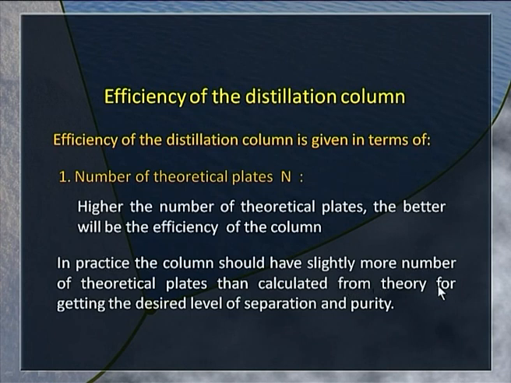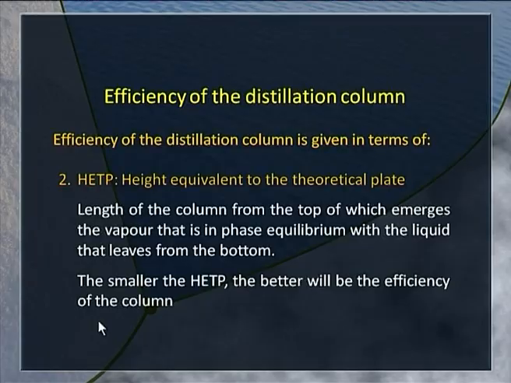You have seen 1, 2, 3, 4, how many steps are required? 6 steps, 7 steps are there. In such a case, you have to have a column which has more steps than given by the theory. The other way to express the efficiency is in terms of HETP, height equivalent to the theoretical plate.